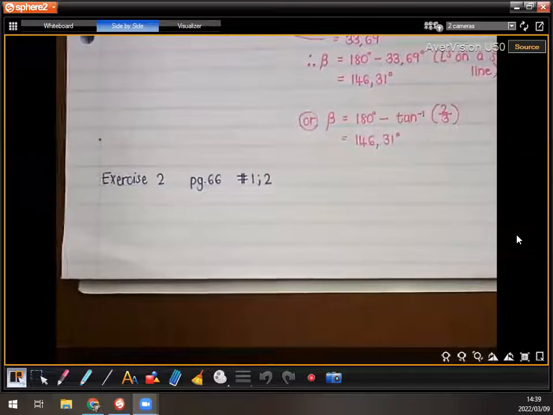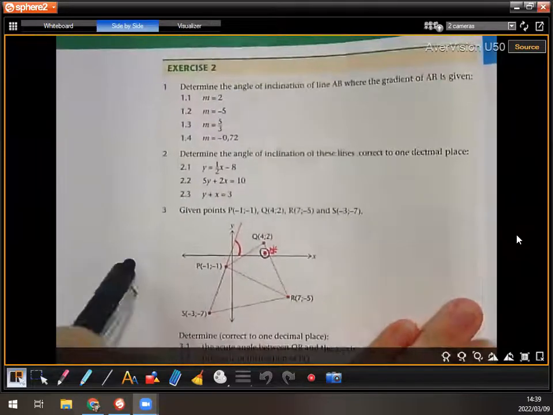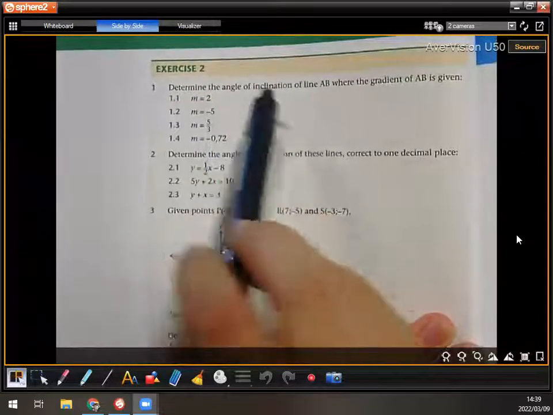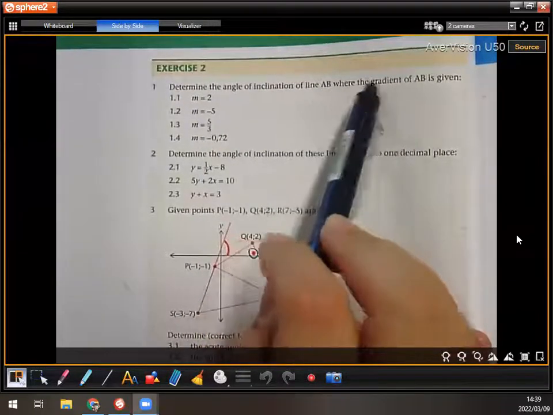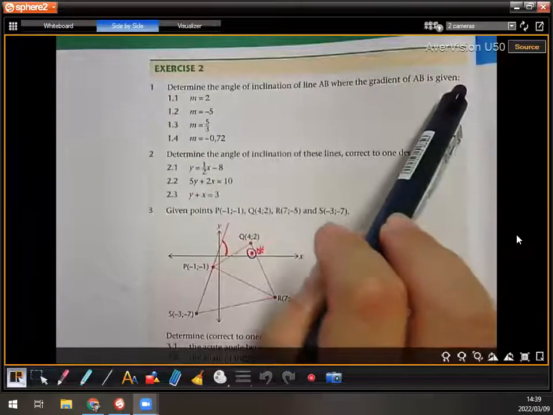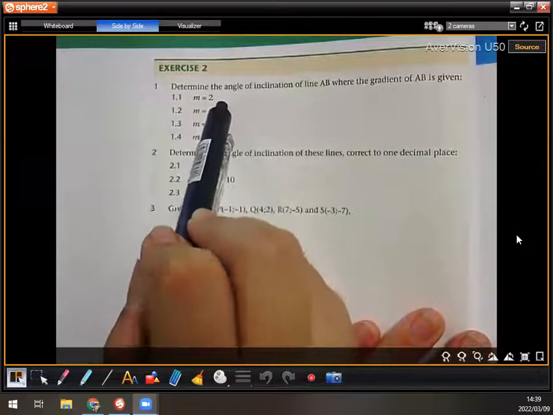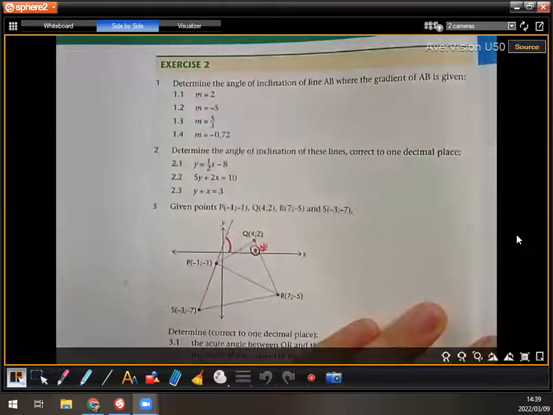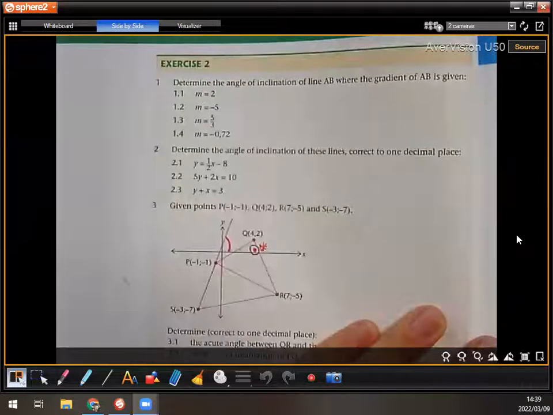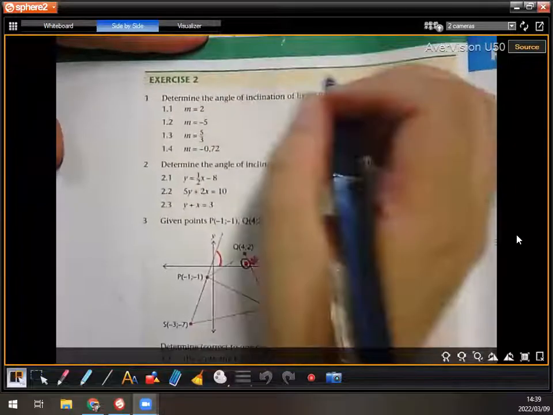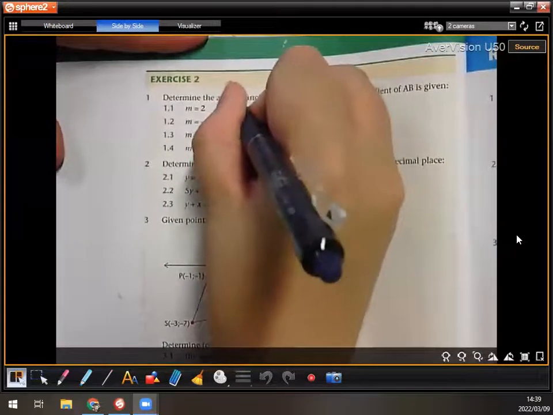Okay. In this exercise, we're not looking at number 3 now, you're just going to do 1 and 2. In number 1, they're saying determine the angle of inclination of line AB where the gradient of AB is given. All right, so in 1.1, the gradient is 2. You don't have to do change in y over change in x. They're telling you what that value is already. So what you're going to do for that one, you're going to say tan of, and they're not telling us what the angle is supposed to be called, so let's use theta.